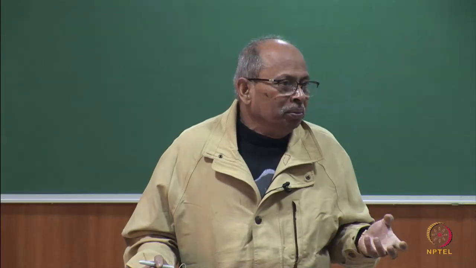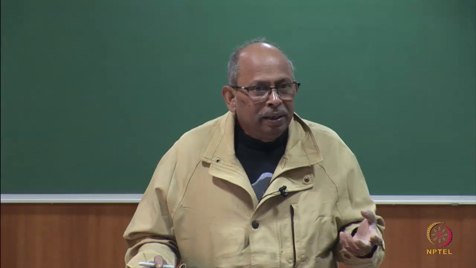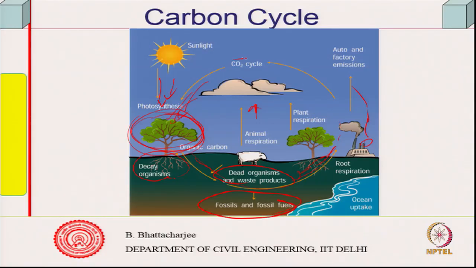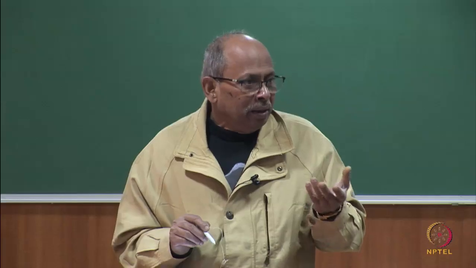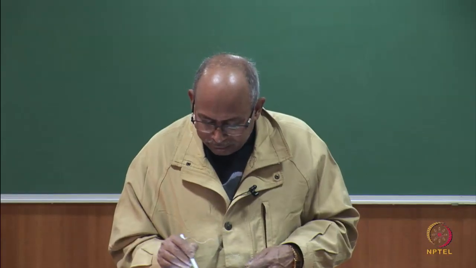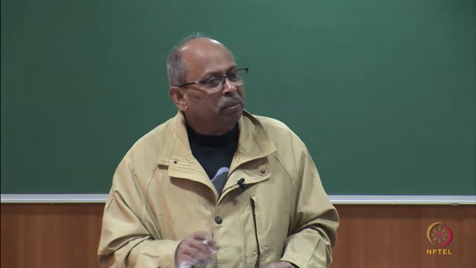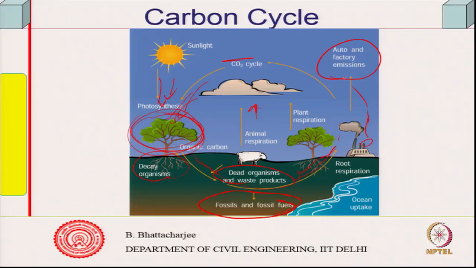But if it is not consumed, then the excess will remain up there. If your generation is too high, that can lead to disbalance. That is where factory emissions and automobiles come in.